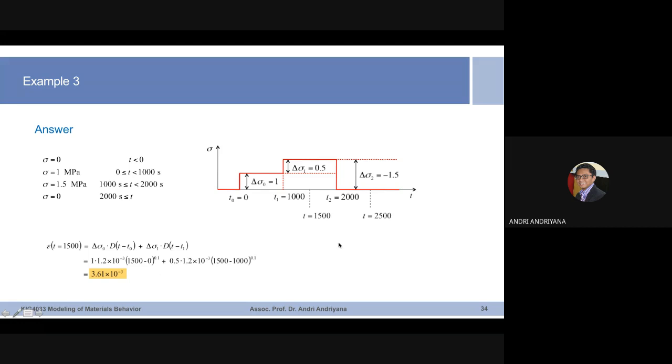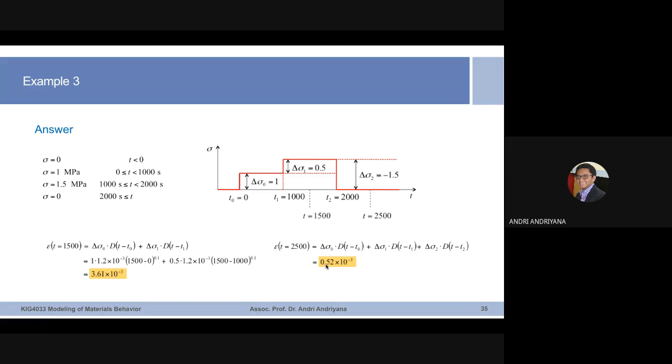What happens at t equal to 2500? We simply need to add the third increment, noting that we replace t by 2500 instead of 1500 before. If we do that, we will find that it is equal to 0.52 times 10 to the power of minus 3.